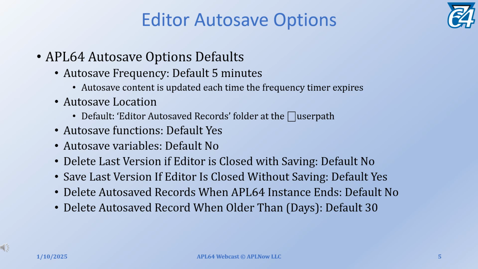Last autosave version is not deleted when the editor is closed. Last autosave version is saved when the editor is closed. Autosaved records are not deleted when the APL64 developer instance ends. Autosaved records are deleted after 30 days.